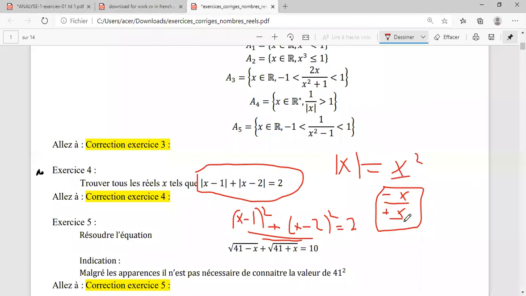In this case, we have x minus 1. We change this to the form x minus 1 squared, plus we also change this one, x minus 2 squared, which is equal to 2. So find the possible values of x that we can have.